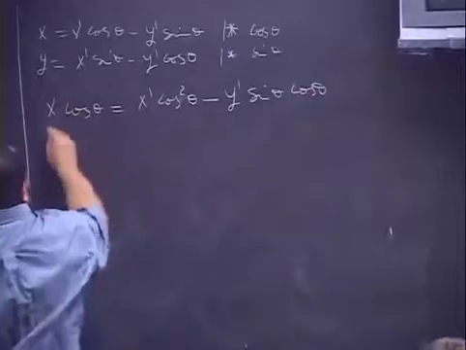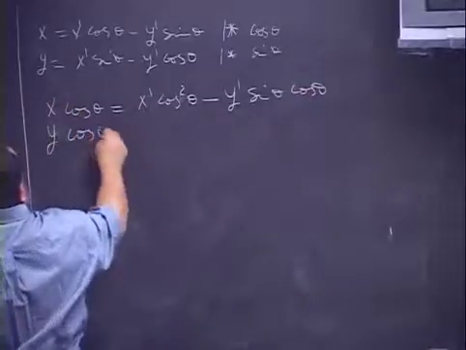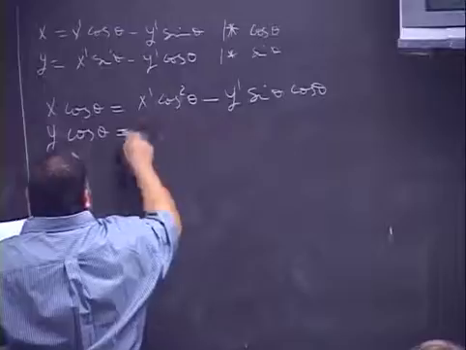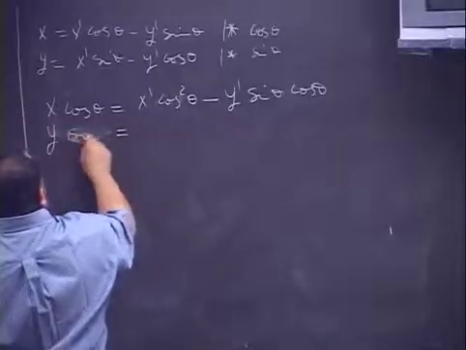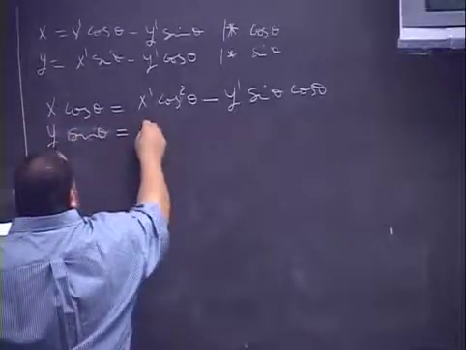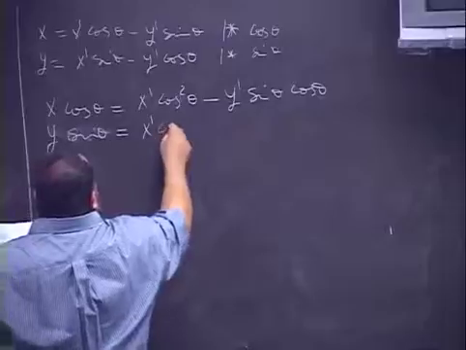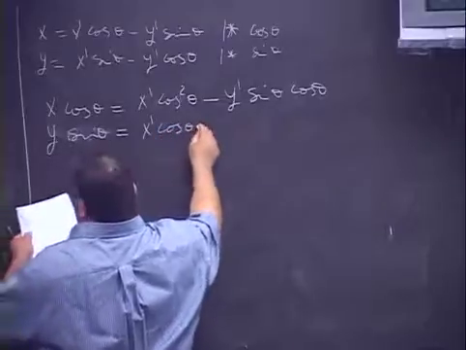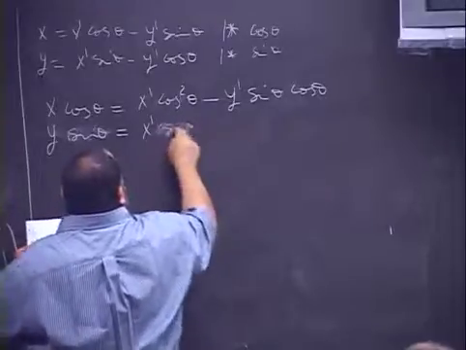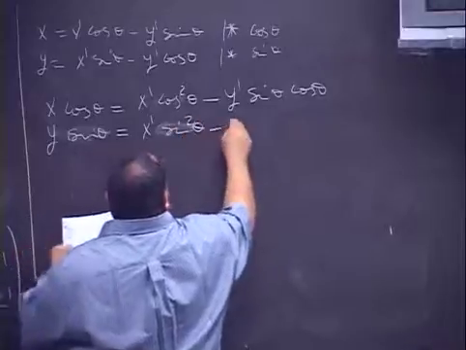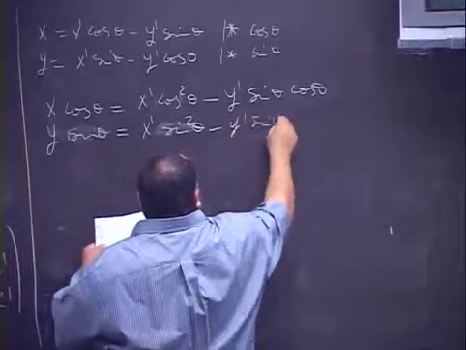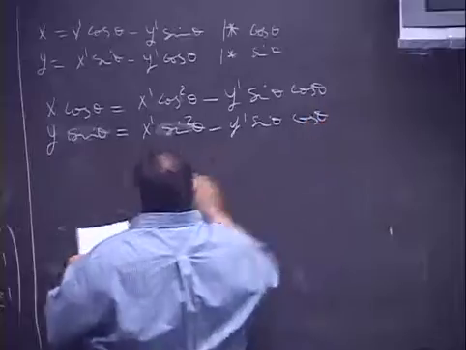And this one will be what? Y sine theta equal to x prime cosine theta sine square theta minus y prime sine theta cosine theta.